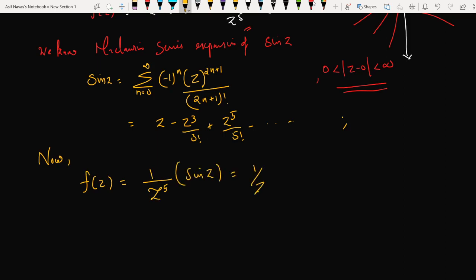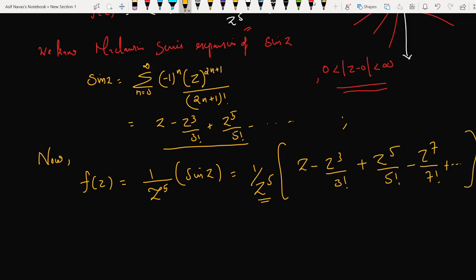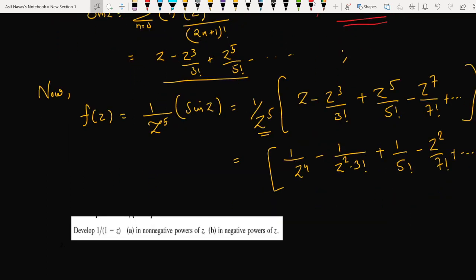This can be written as 1 by z minus 0 all raised to 5, into, now we will use this expansion, z minus z cube by 3 factorial plus z raised to 5 by 5 factorial minus z raised to 7 by 7 factorial plus etc. So we multiply this and we get 1 by z raised to 4 minus 1 by z square into 3 factorial plus 1 by 5 factorial minus z square by 7 factorial plus etc. This is valid when 0 less than mod z less than infinity.